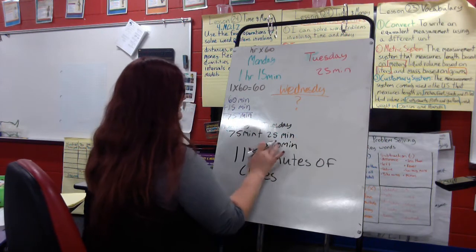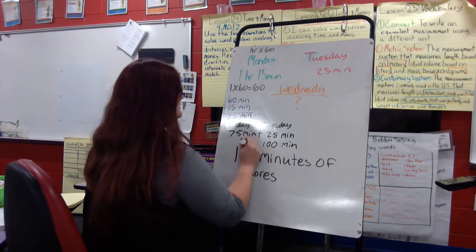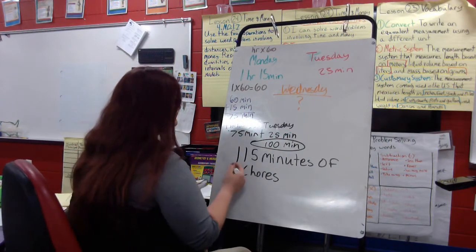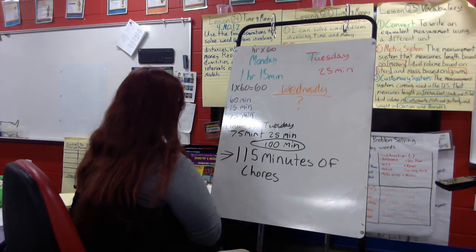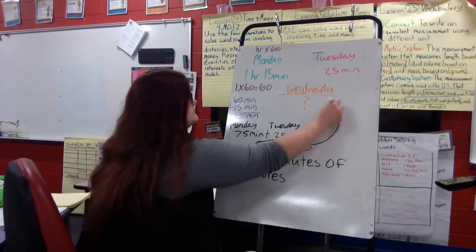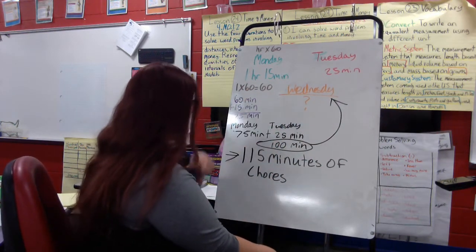So between, ooh, that looks weird. Between Monday and Tuesday, we did 100 minutes worth of chores. But for Monday, Tuesday, Wednesday, we did 115. Remember, our original question was how much time did she spend doing chores on Wednesday?